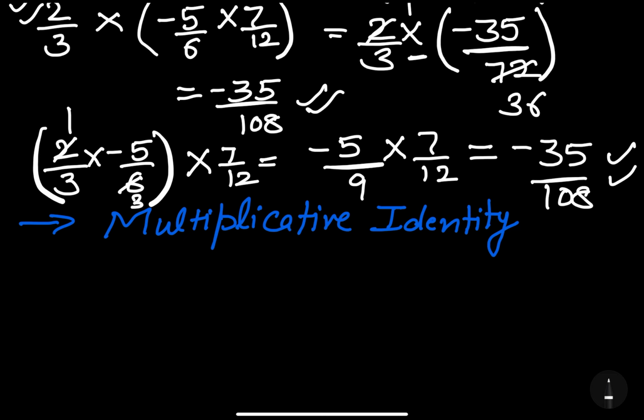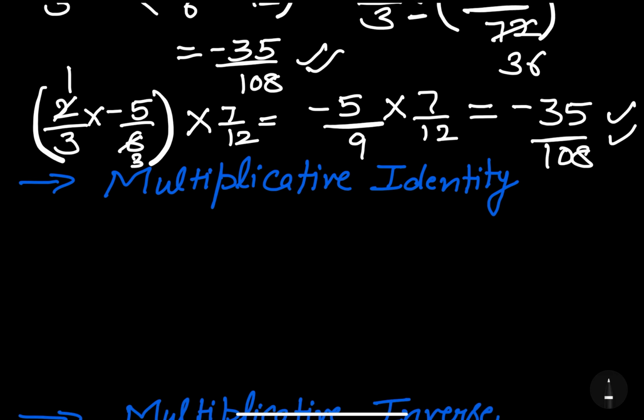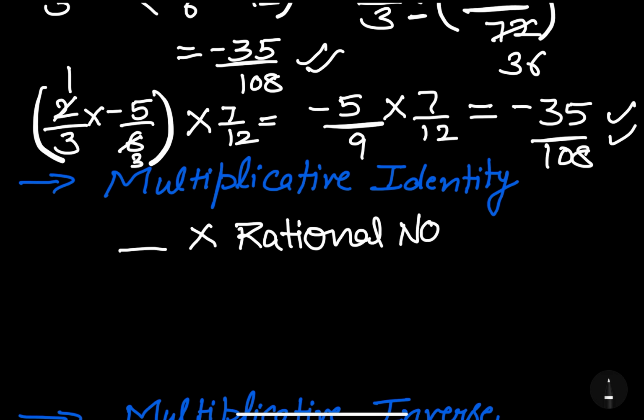Whenever we multiply the multiplicative identity with any rational number, we will get the rational number itself as the answer.